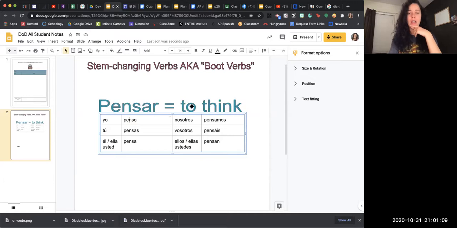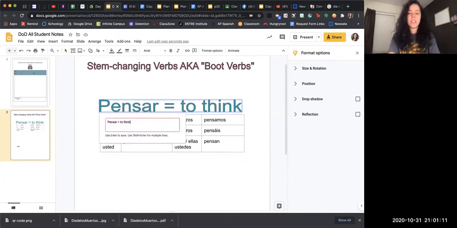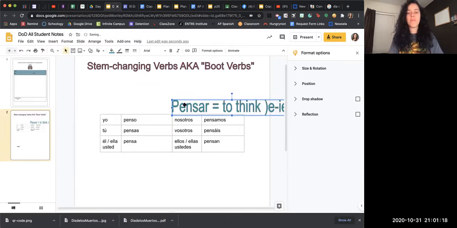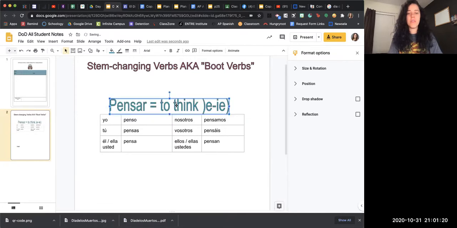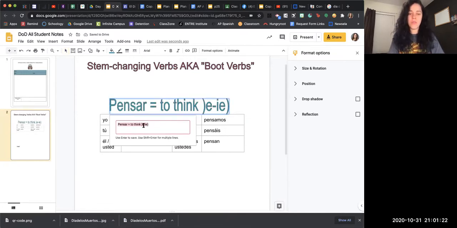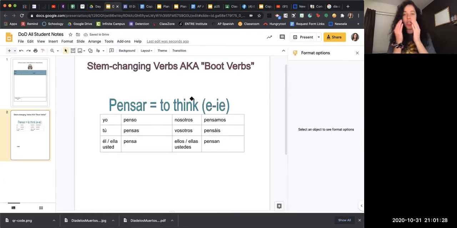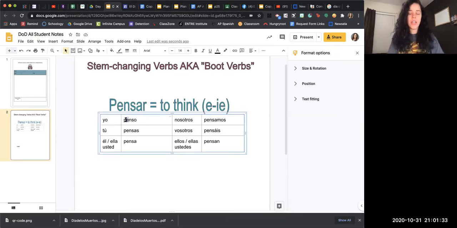Okay? So pensar is going to be an E to IE stem changing verb. What does that mean? It means that I'm going to take the E in the stem and change it to IE, instead of just leaving an E in there. So stem changers is what it's called, like there's a change in its stem. In this case, the stem is this E right here, and I'm not going to leave the E, I'm going to put IE.